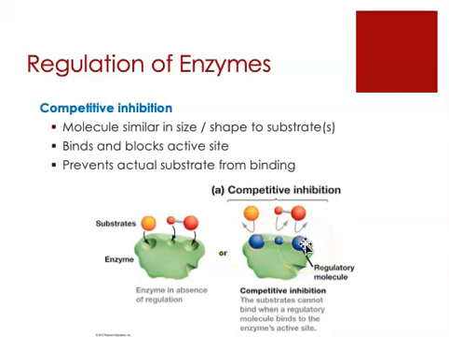Now, it's not the substrate, so there's not going to be any chemical reaction going on when it comes in and binds to the active site. But because it's sitting there, it's going to block the actual substrate from coming in, and it's going to therefore block the chemical reaction from occurring.